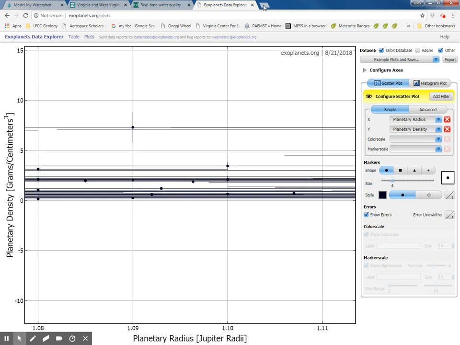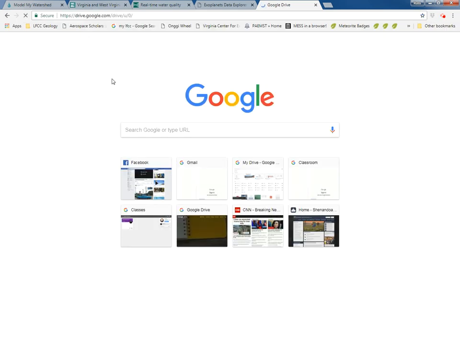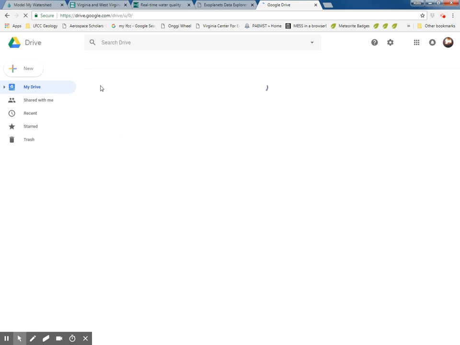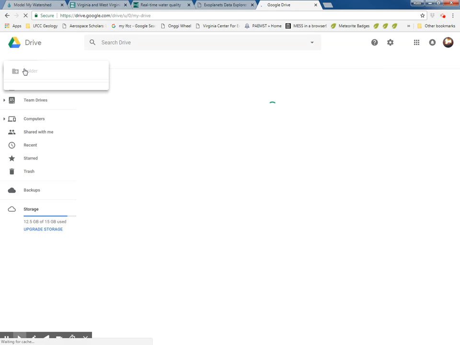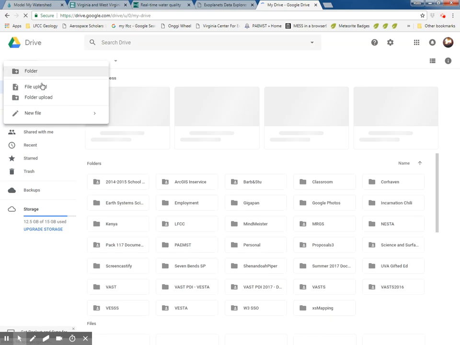If I copy the image and then let's say I open up a document in my Google Drive, give me a minute for it to load. I just want to create a new document. Once it opens, I will create a Google Doc here.